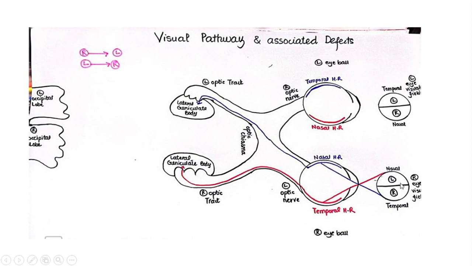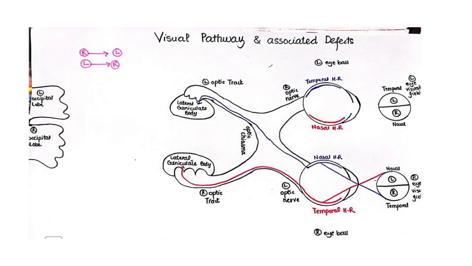This is the right eyeball, this is the right optic nerve, and this is the right optic tract, so it cannot stay here; it has to go on the left side. So it will cross to the opposite side, join the optic tract, and end up at the lateral geniculate body of the left side. Okay, I think I have made you understand.